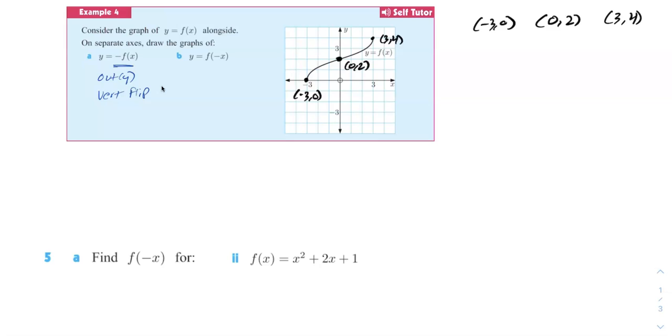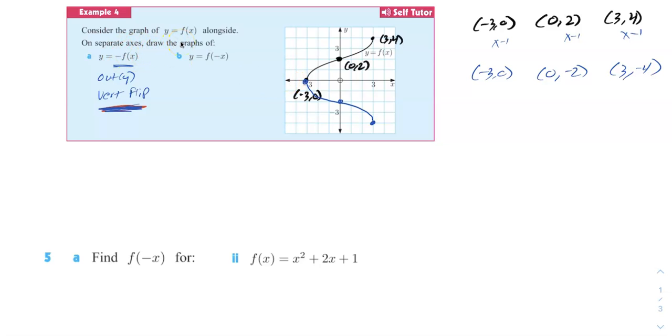And all I'm going to do here for my graph, let's do it in blue actually, is multiply my y by negative 1. So I get negative 3 and 0, 0 and negative 2, and 3 and negative 4. So again, you've got to try to match the curve, but it looks like that. So that's what happens when the negative's on the outside.